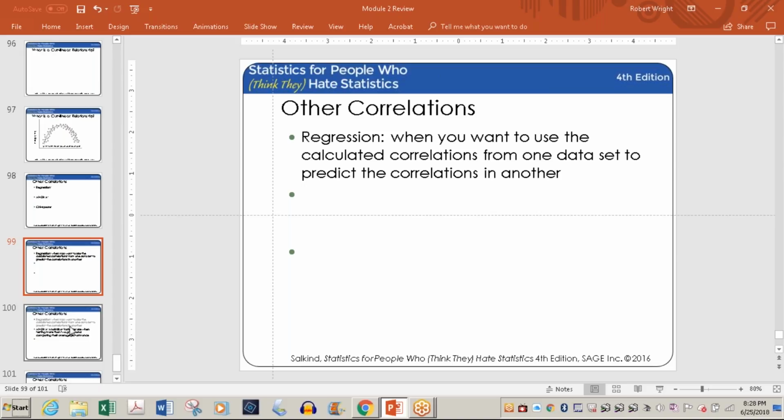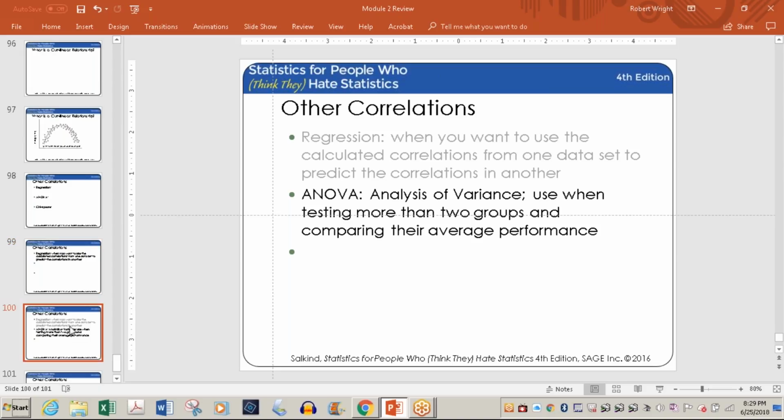The book I have gives an example where they compared high school GPAs to first year college GPAs, and they established, okay, for the class of 2017, there was a correlation between the high school and college GPAs, say it was 0.9. Based on that, we're going to predict the 2018 graduating class will have a 0.9 correlation between their high school and college GPAs. Whether that works out or not gets revealed in your study, but that's what regression does.